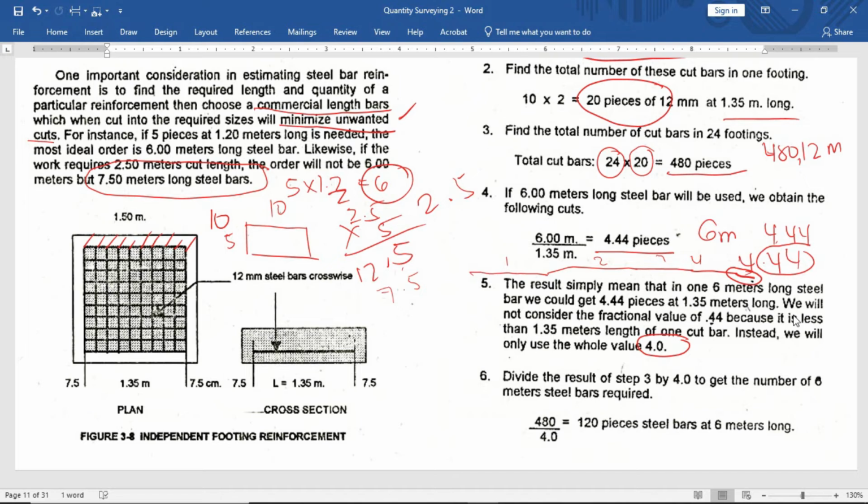After that, i-divide natin yung 480 pieces ng 1.35 meters long by 4 pieces, hindi na 4.44. So ang kailangan natin is 120 pieces of steel bars at 6 meters long. Pag bibili na tayo, ang kailangan natin is 120 pieces of 10 mm.